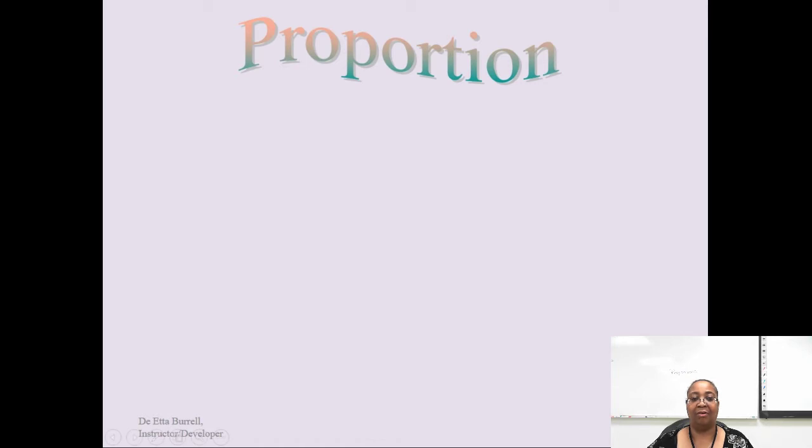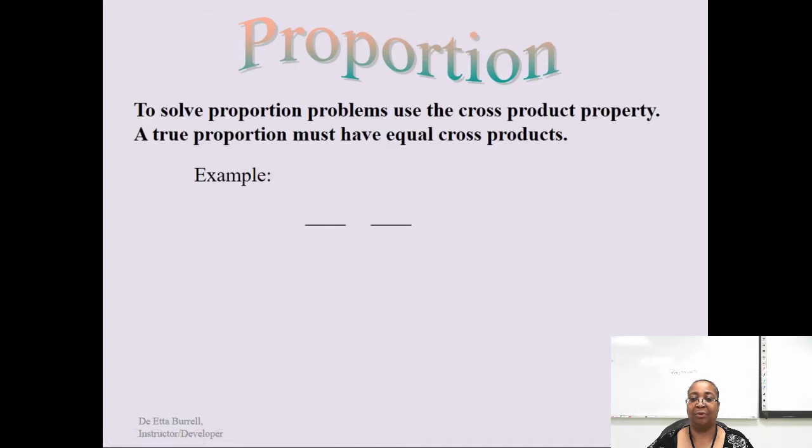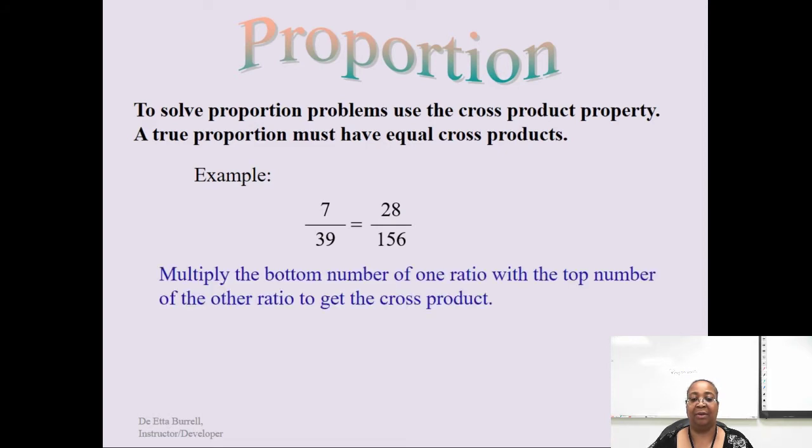To solve proportions, you use the cross product property, and this is also a way for you to verify if your answers are correct by making sure that the proportions are equal. Basically you take the bottom of one ratio and multiply it with its opposite ratio.